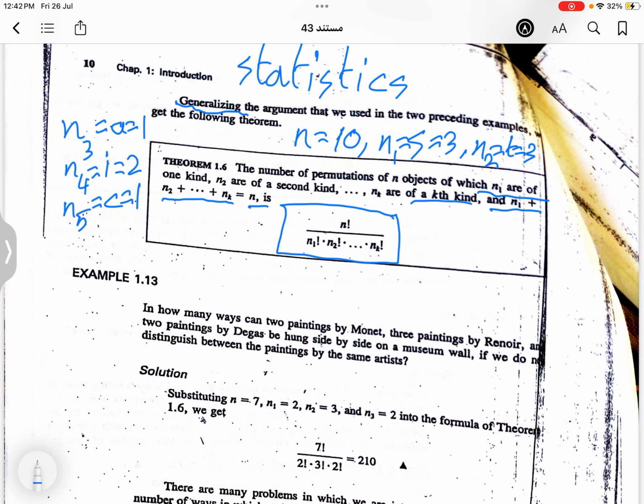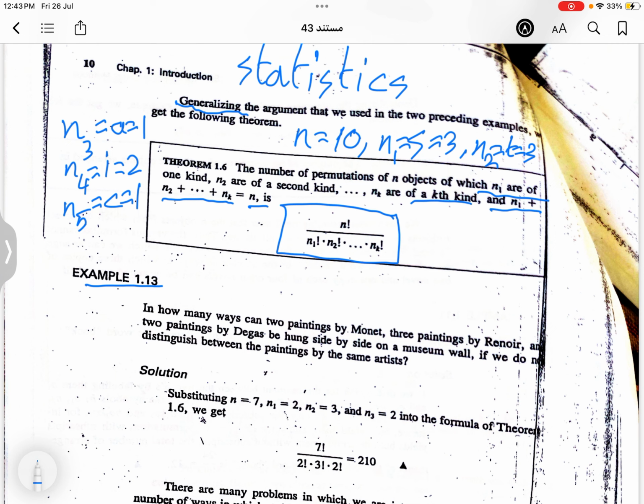This is why here in example number 13: in how many ways can 2 paintings by Monet, 3 paintings by Renoir, and 2 paintings by Degas be hung side by side on a museum wall if we don't distinguish between the paintings by the same artist?